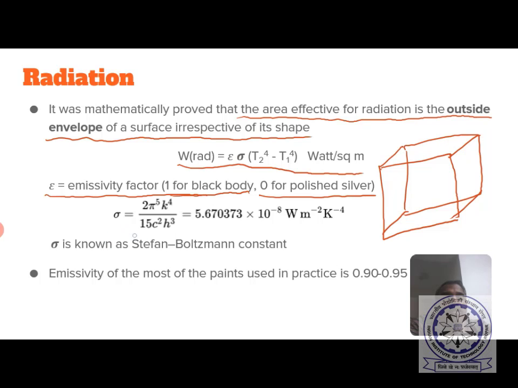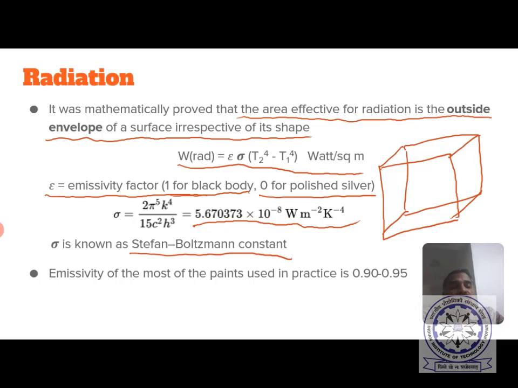Sigma is 5.67 into 10 to the power of minus 8 watts per meter square per Kelvin to the power of 4, known as the Stefan-Boltzmann constant. The emissivity of most of the paints used in practice is 0.9 to 0.95. These are non-metallic paints I am talking about here. For non-metallic paints, the emissivity is in this order.